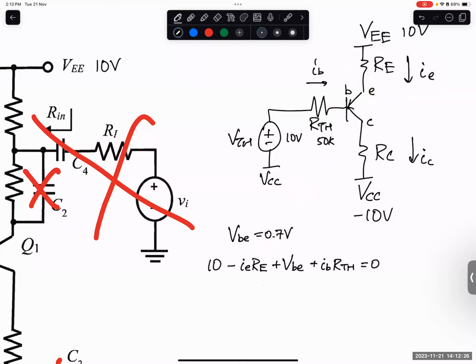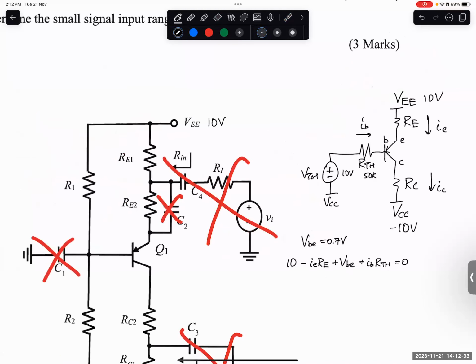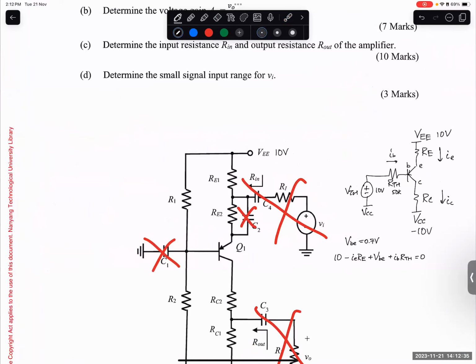So plus VB is correct, or it's minus VEB. Whichever you prefer; if they teach VB, use VB.